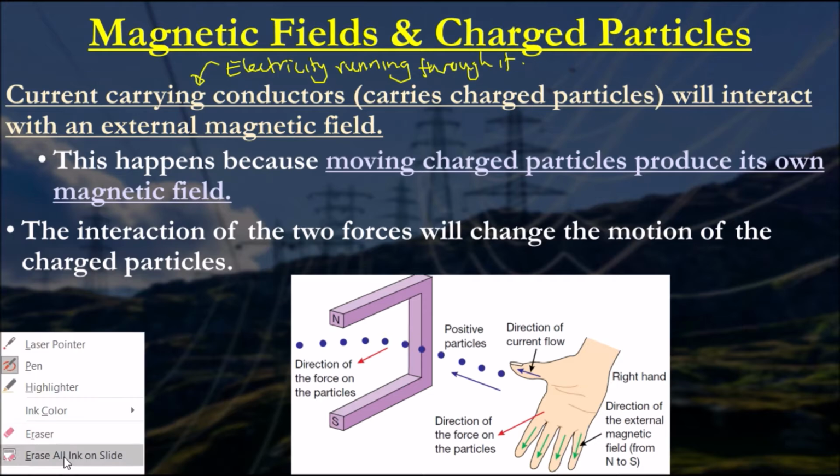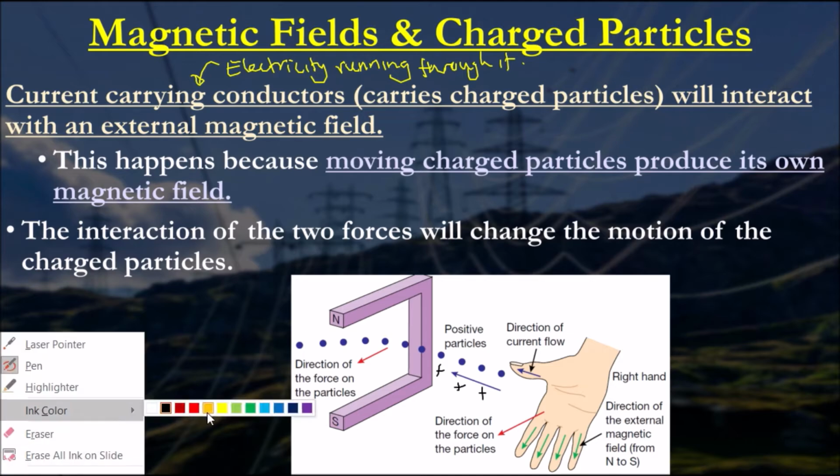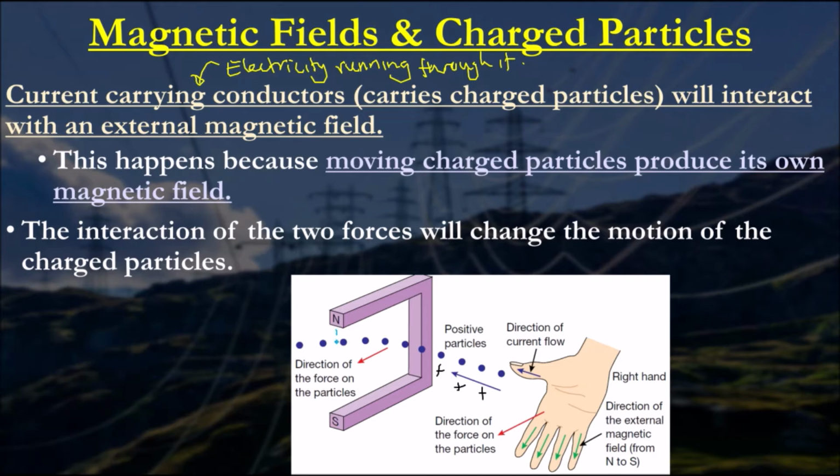So in this case here, we have a charged particle, positive charge. So positive charge is going in this direction here. We have a magnetic field from north to south. So it's going from north to south like so. If you can picture it, our magnetic field, again, is perpendicular to our moving charge.